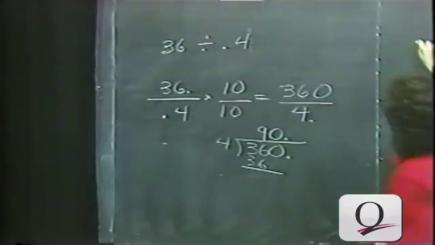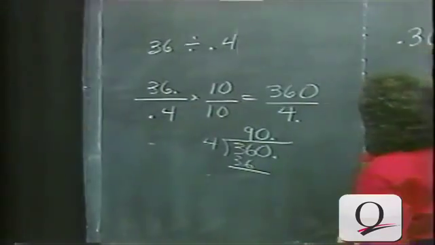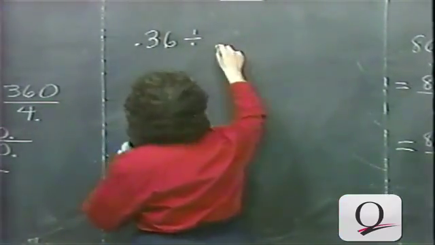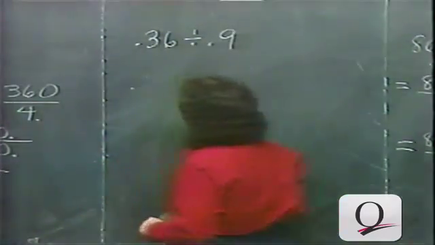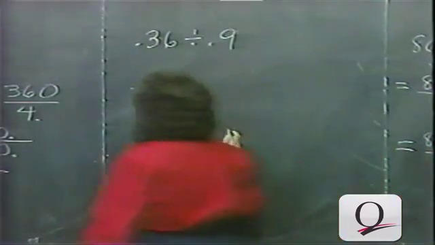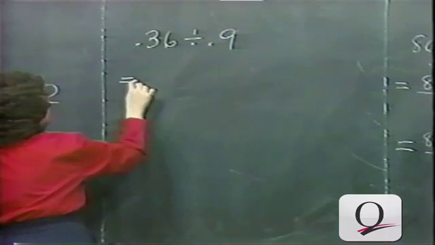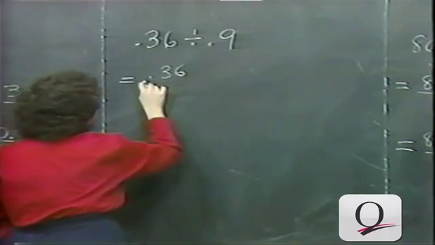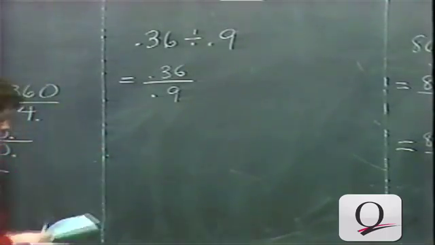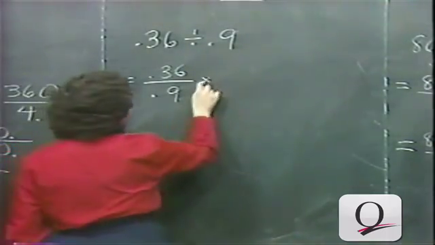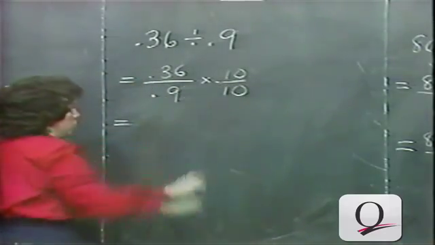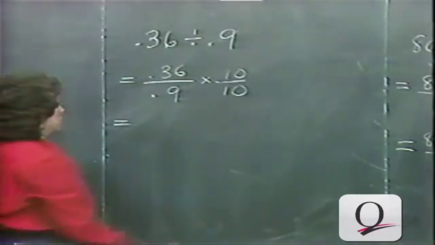Let's say this was 0.36 divided by 0.9. 36 hundredths divided by 9 tenths. This is 0.36, remember, it's a fraction, divided by 0.9. We have to multiply numerator and denominator by 10. That is, shift the decimal point in the numerator and denominator once to the right.